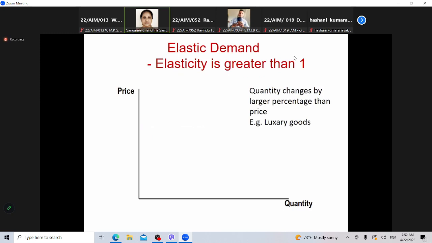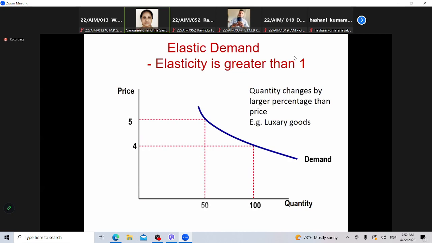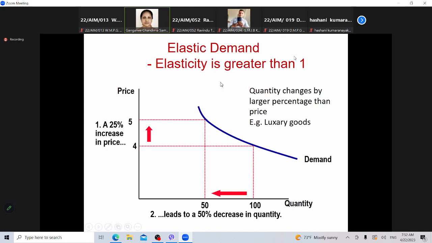Then we'll see elasticity greater than 1. Normally in luxury goods, when the price increases, you can see a decrease in quantity, because these are luxuries, not essentials to our life. So in these cases, a 25% price increase leads to a 50% decrease in quantity.